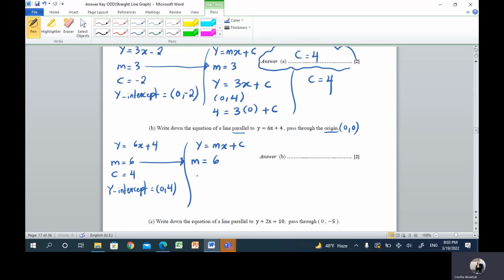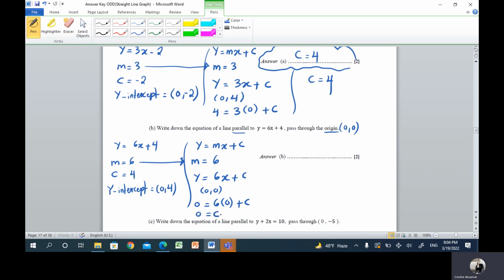So I know now half of the equation, y equals to 6x plus c. And since the line is passing through the origin, which is 0, 0, then I'm going to substitute y as 0 equals to 6 times x, which is 0 as well, plus c.